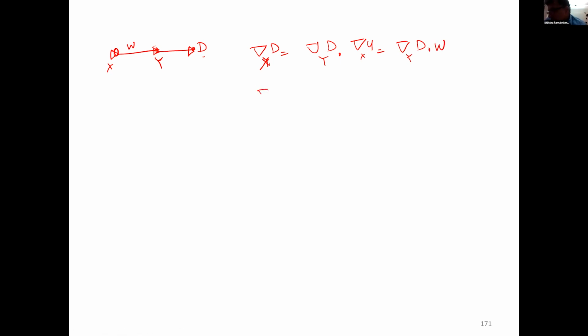It also says that the derivative of the divergence with respect to W is going to be X times the derivative of the divergence with respect to Y. These are the two simple rules.